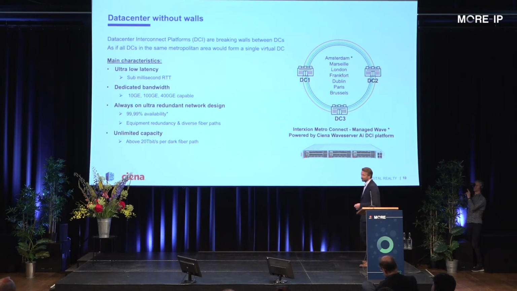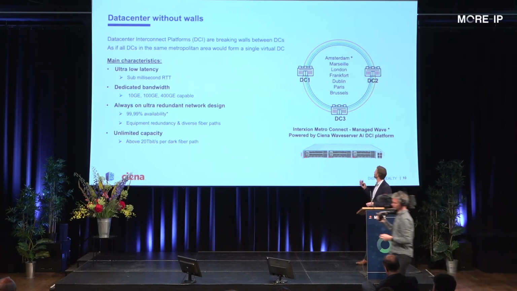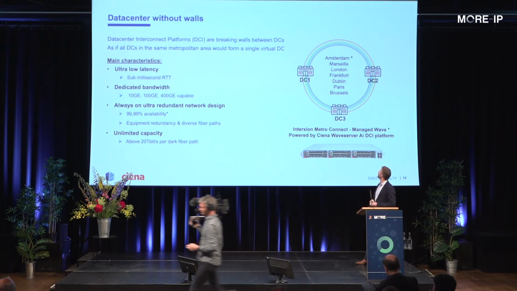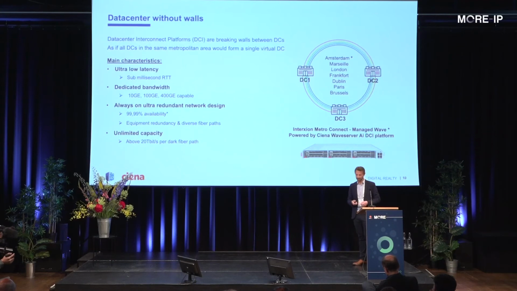Here you've got an example of the solution that we are positioning. It's a very small footprint, 1 RU, and this box alone can transport 2.4 terabit of data. That's quite impressive. And here you've got a list of the cities where Interxion is offering Metro Connect Managed Wave services. As you can see, it's available across a large number of metros in Europe.